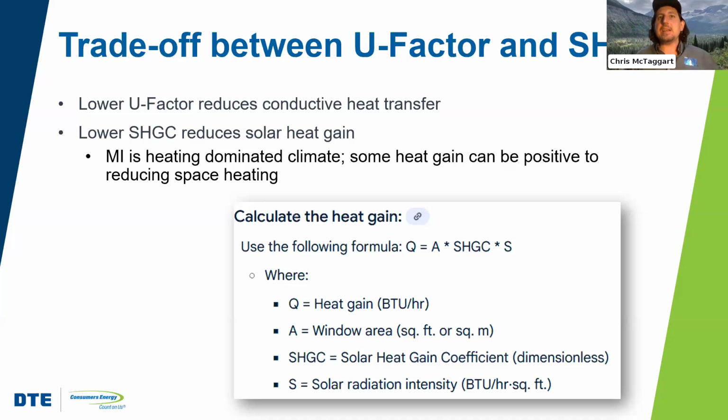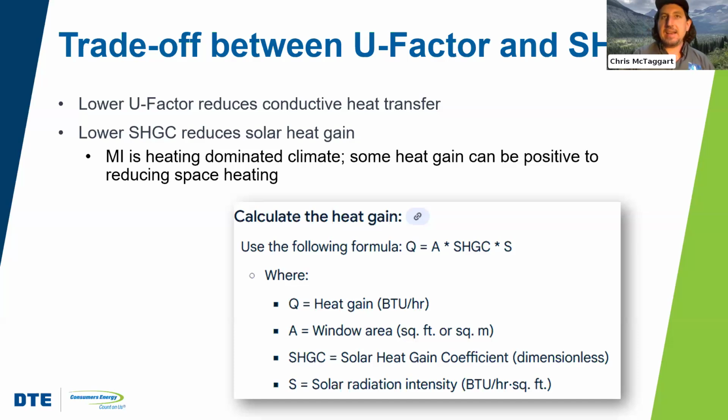It's positive. It can be used for a beneficial reason here in the state of Michigan. We are in climate zones 5, 6, and 7. We are a cold part of the country overall. So having some free gain coming into our homes can be very beneficial for providing free heating of the home.